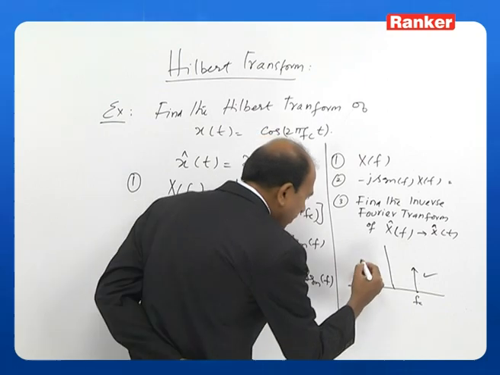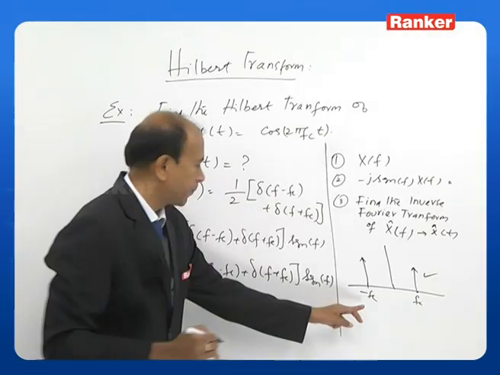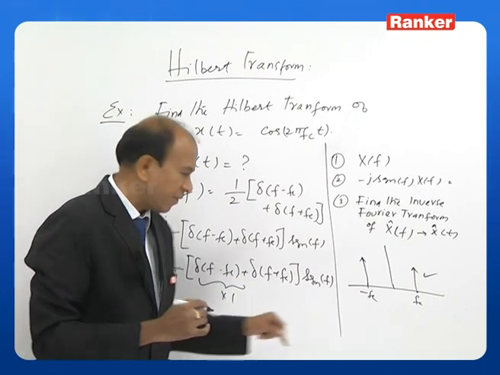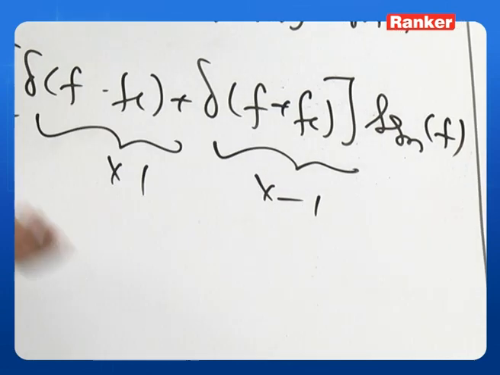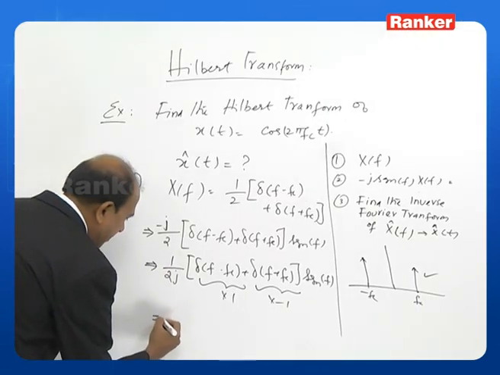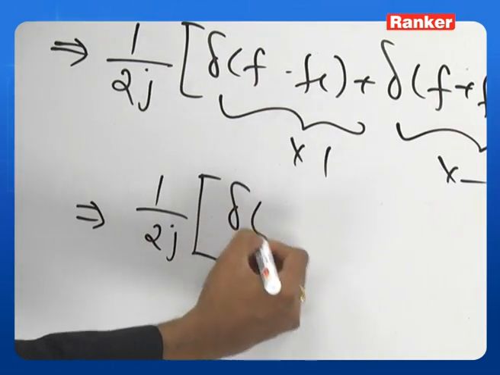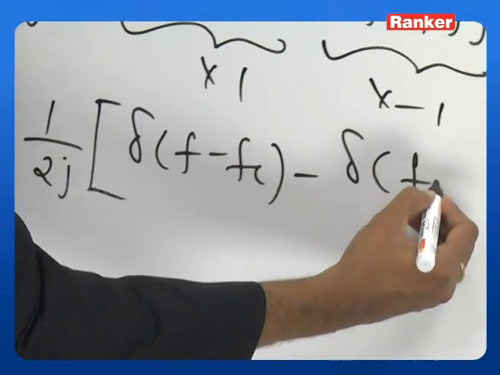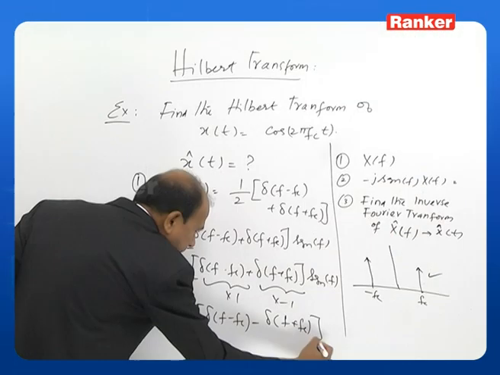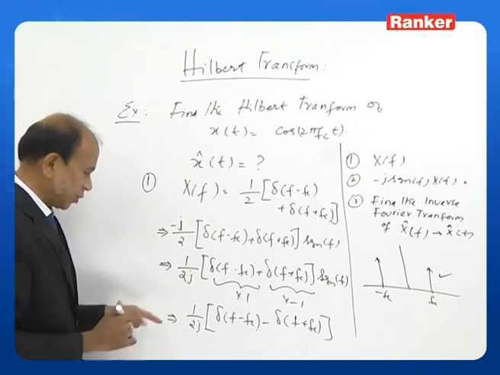Then another frequency component is here, this is minus fc. Here signum of f is minus 1, so this has to be multiplied by a factor of minus 1. So, when I do this, I will get the answer like this, 1 by 2j delta, this does not change, whereas this becomes minus delta of f plus fc. If you look at these, this is x cap of f.